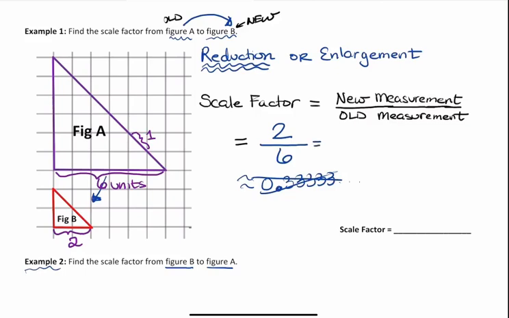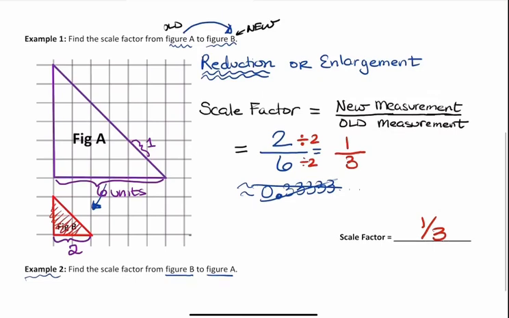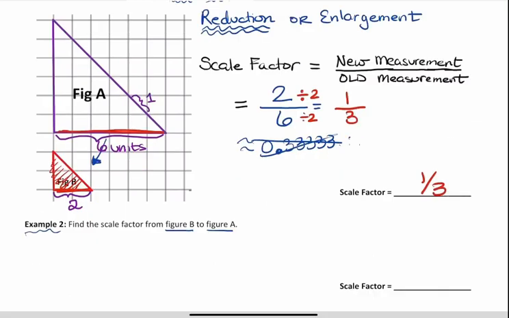What I want you to do is treat that as a fraction that you can reduce. So 2 over 6 reduces by 2, and you get 1/3. So there's the scale factor right there. The scale factor is 1 to 3. Basically, we're saying that figure B's segments are 1/3 of the segments of figure A. And like I said, if you can, avoid repeating decimals.